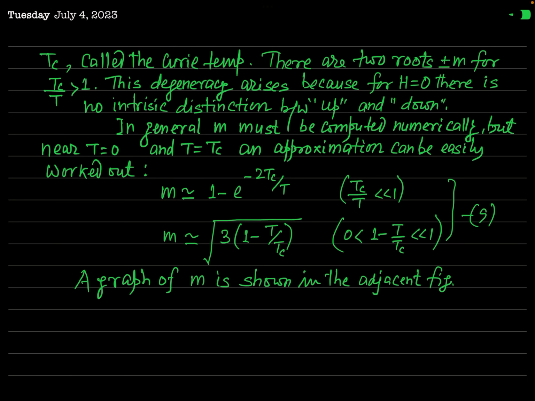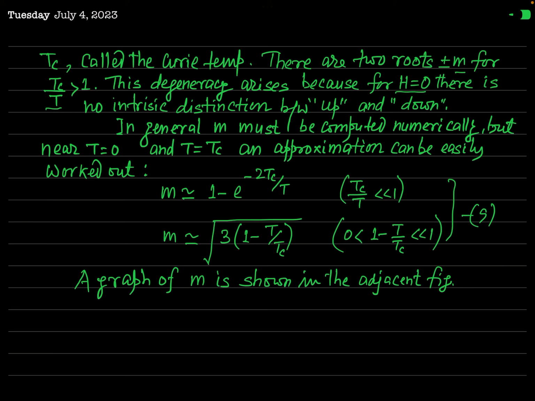Again, you see that there are two roots plus minus m for T by Tc greater than 1. This degeneracy, it means there are two states. Actually, the cause of this degeneracy is that when you take H equal to 0, it means you are not applying any external magnetic field.